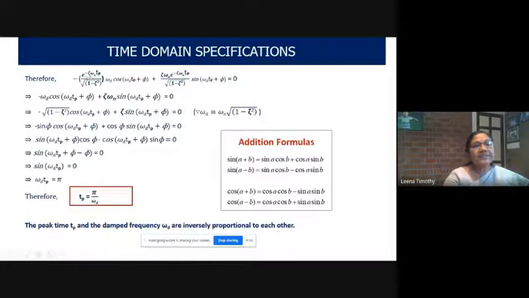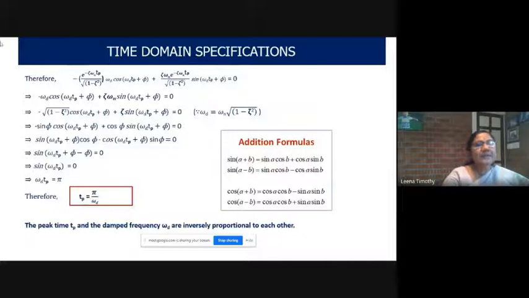Now this e raised to minus zeta omega n Tp divided by root of 1 minus zeta square will get cancelled. So minus omega d cos of omega d Tp plus phi, plus zeta omega n sin of omega d Tp plus phi, is equal to 0. Write omega d, as we all know, is equal to omega n into root of 1 minus zeta square. So substitute that.